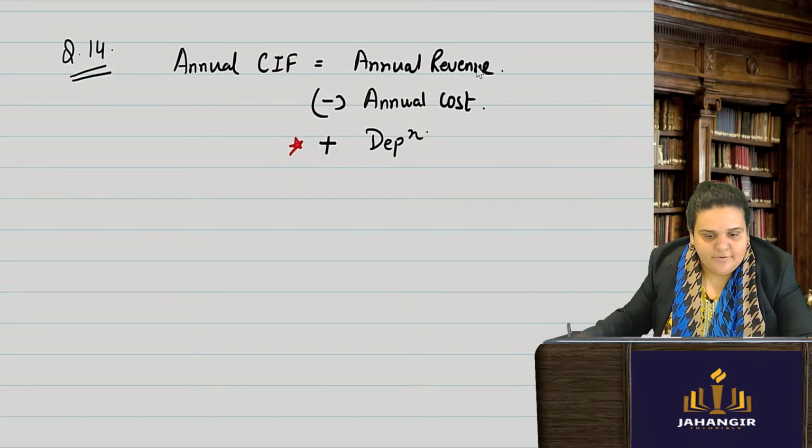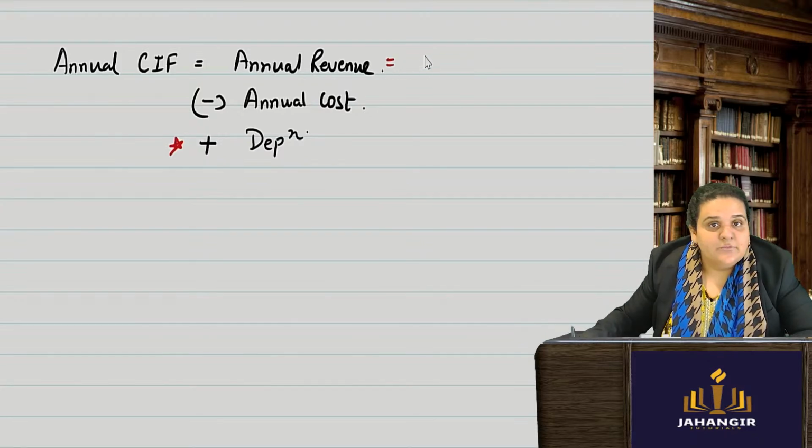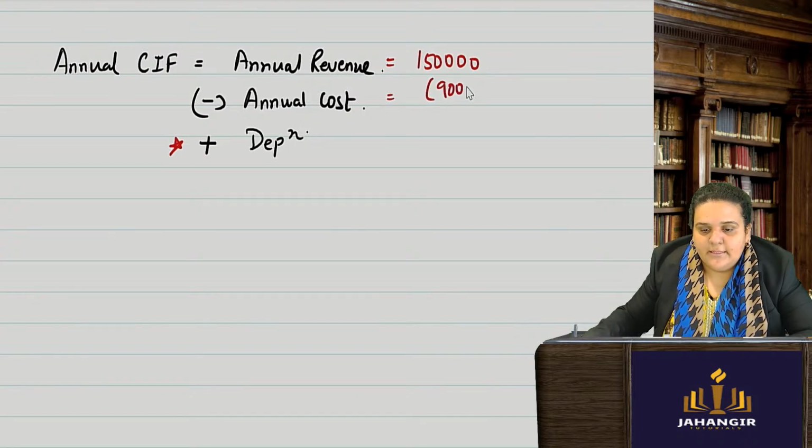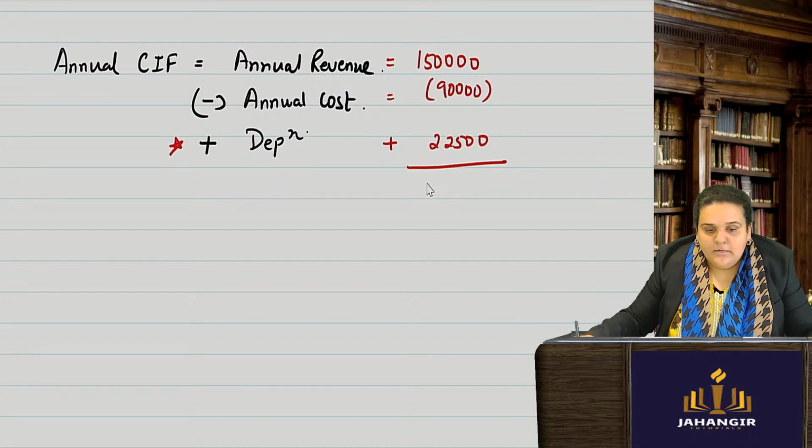So my annual revenue is given to me as 1,50,000. From that I will subtract my annual cost of 90,000, but I will add back my depreciation of 22,500. So my total cash inflow will be 82,500.